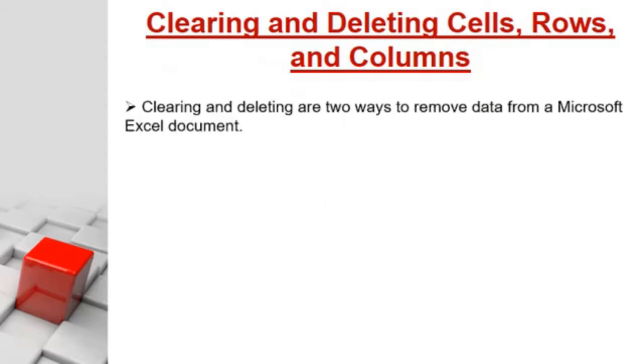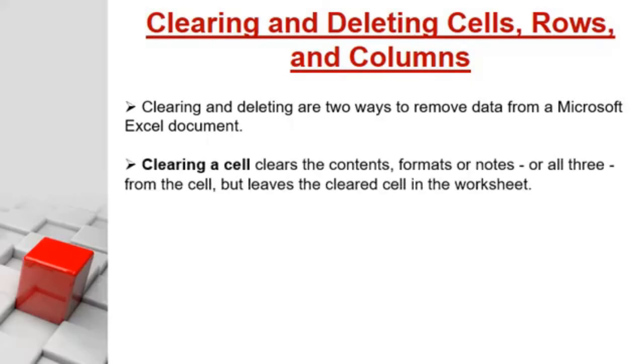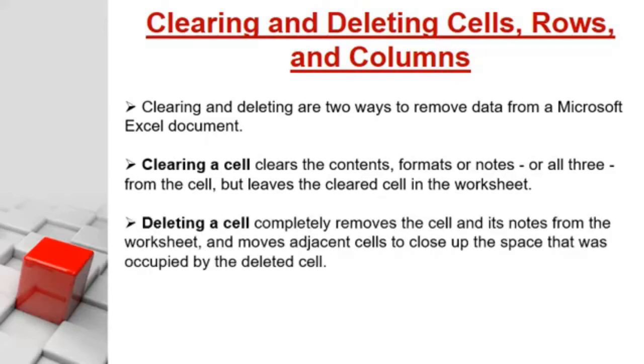Now let's see how to clear and delete cells, rows and columns. Clearing and deleting are two ways to remove data from a Microsoft Excel document. Clearing a cell clears the contents, formats or notes, or all three, from the cell but leaves the cleared cell in the worksheet.